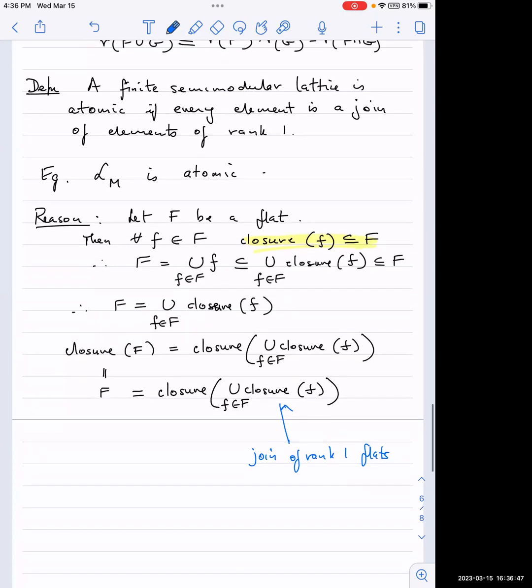That's the basic intuitive idea: suppose F is F1 to Fk, each of these are the rank 1 elements, the ones at the bottom, and you can write that as this.